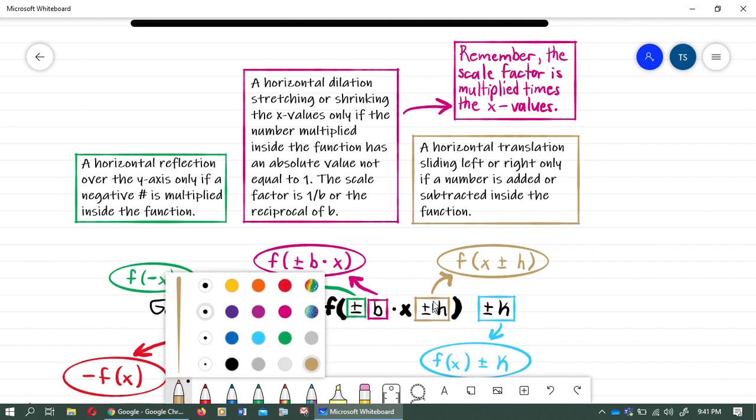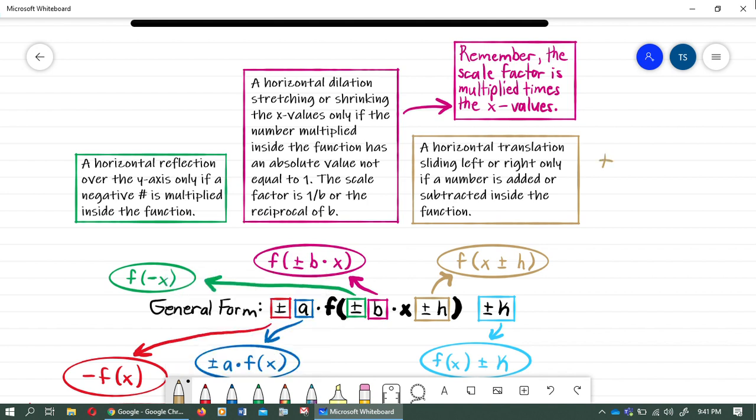And remember, it is going to be to the left if you're adding some number, and it's going to be to the right if you're subtracting some number inside of the function. Okay? Alright, so those are your horizontal changes that happen inside the function.